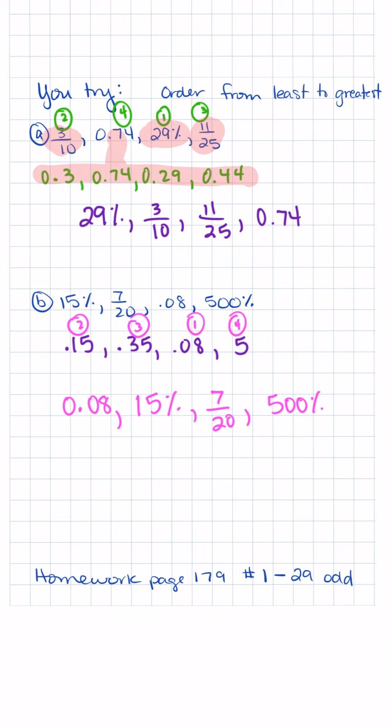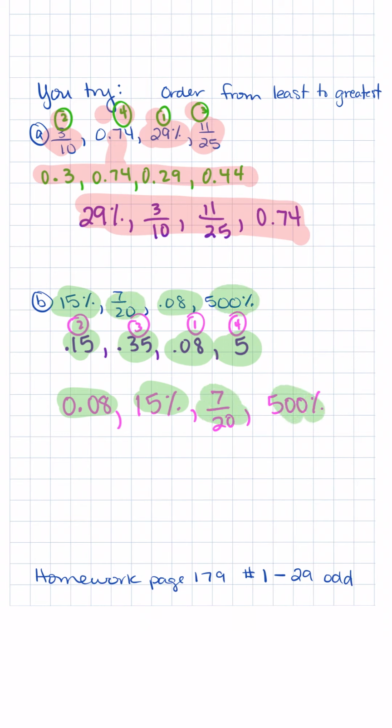And then I made sure I marked up here so my answer has the original numbers, not my decimal points. Okay, and then this next one, same thing, right? I turned them all into decimal points. And then I realized this is my first one, second, third, and fourth.